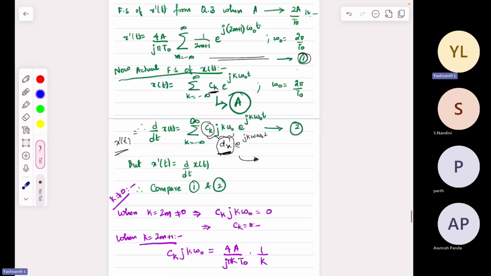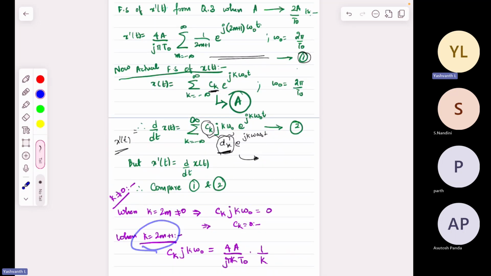But whenever k is an odd integer, what is basically the thing is, your dk is what? The coefficient 4a by j. So basically you see 2m plus 1 is the value of k.